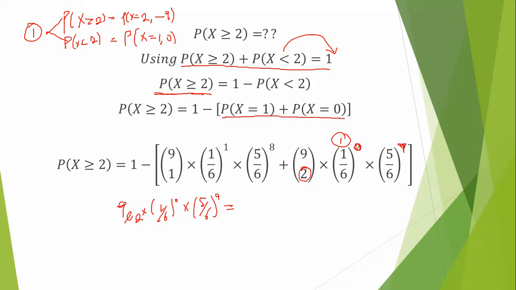9 combination 0, I've got 0. Yes, it should be a 0. I think that one as well isn't it a 1? 9 combination 0. Let me check. Yes, I'm getting 9. Yes, it is 9. Okay, let me finish up.